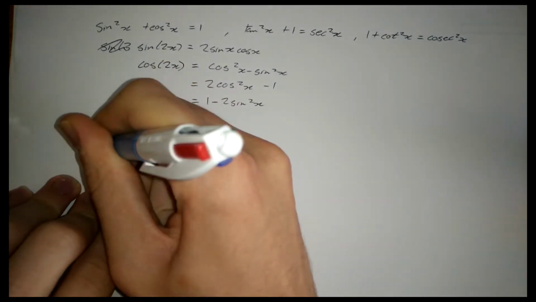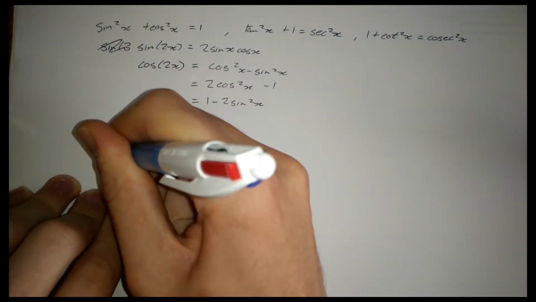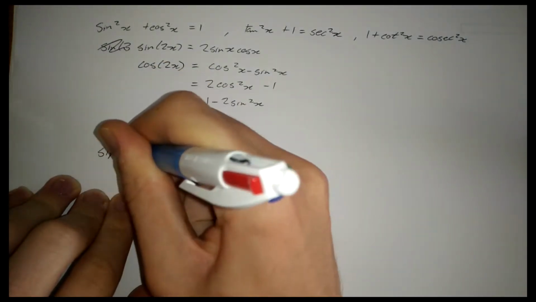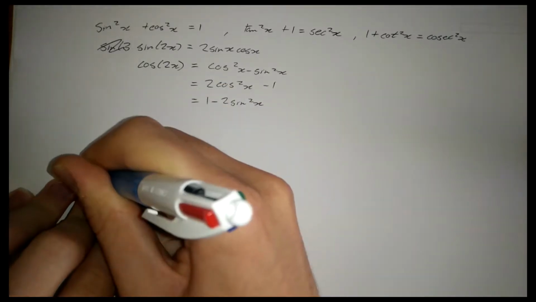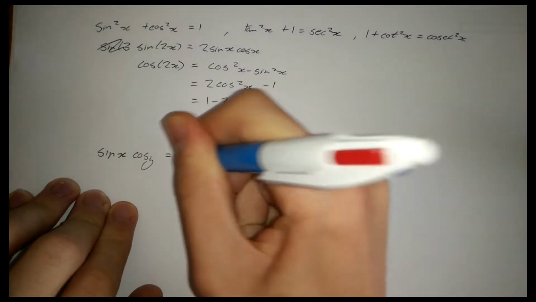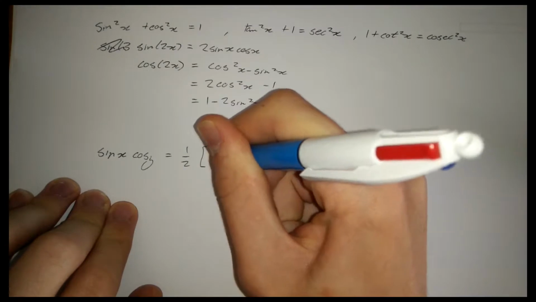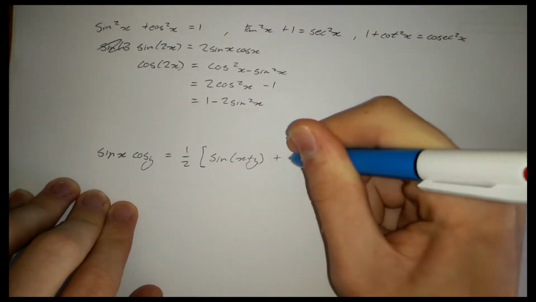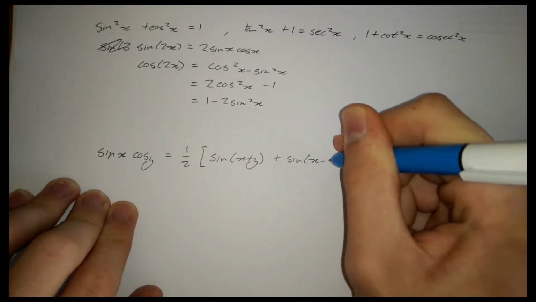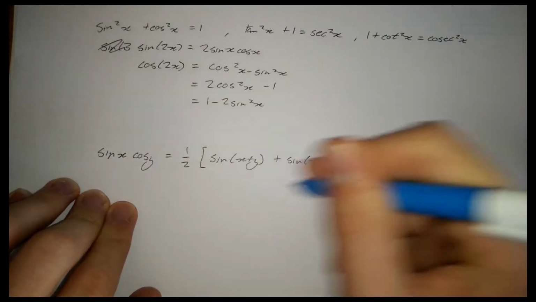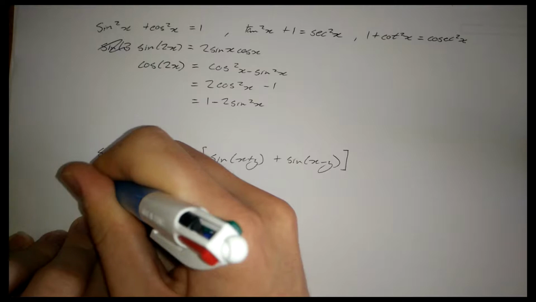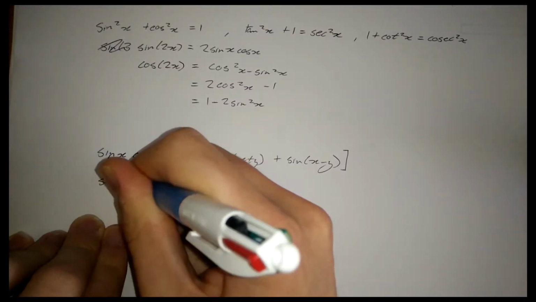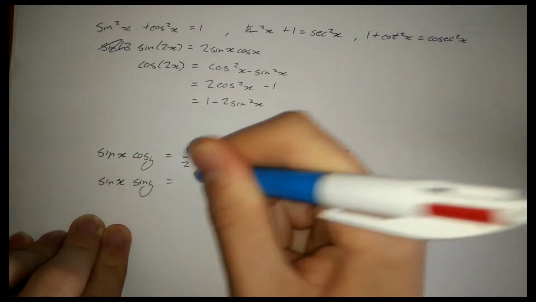And then we also have the product formulas. Sine x cos y is equal to a half of sine of x plus y plus sine of x minus y.